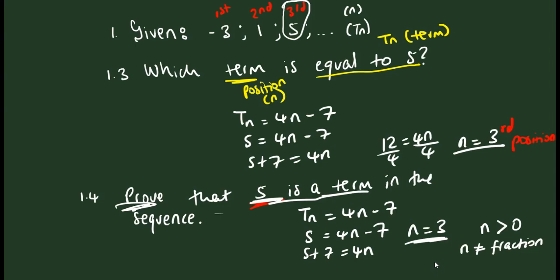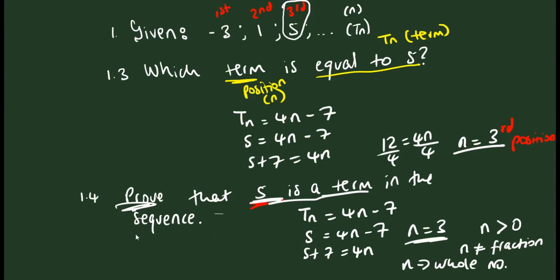So it means that indeed 5 will be a term. So all you have to prove is that n is a positive number, number one, and it's a whole number. If you find that n is a whole number, then you have proved that that term belongs in the sequence.